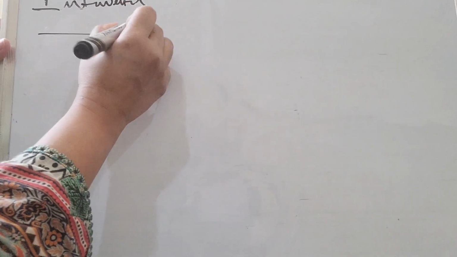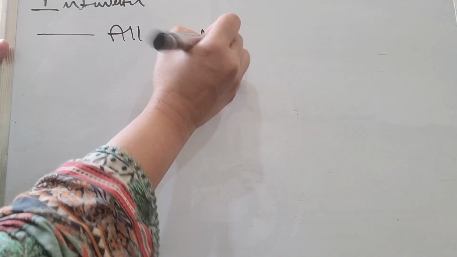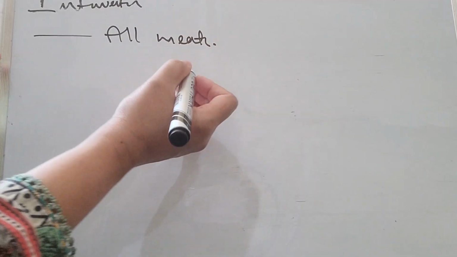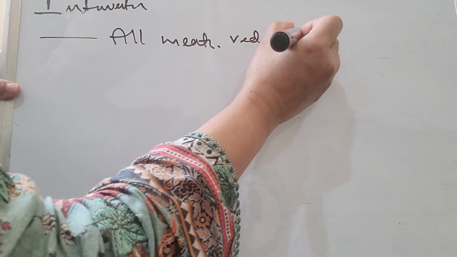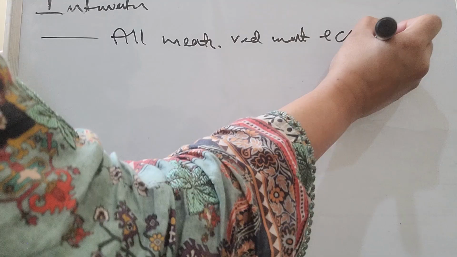So what foods contain potassium? All meats, red meat and chicken.